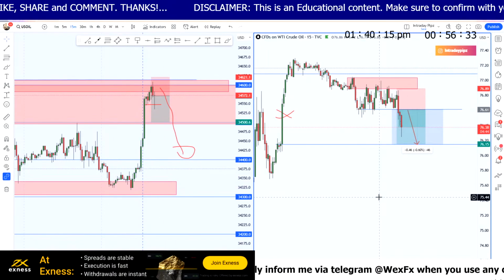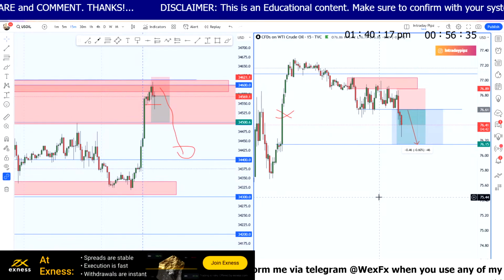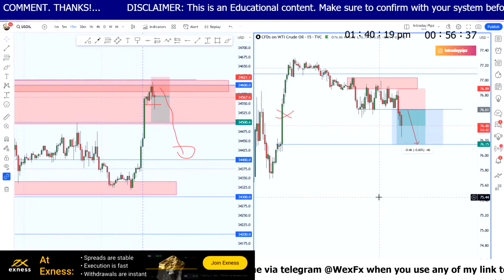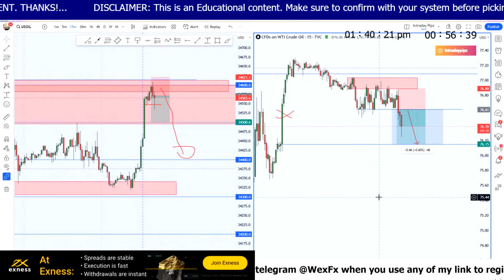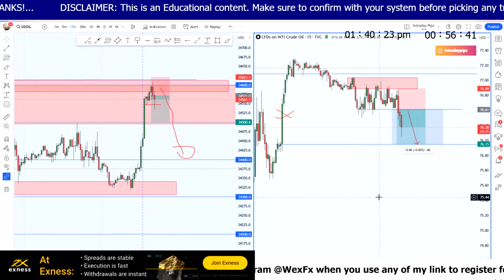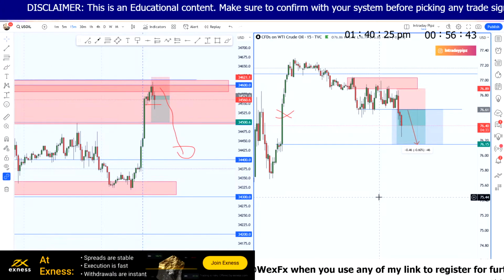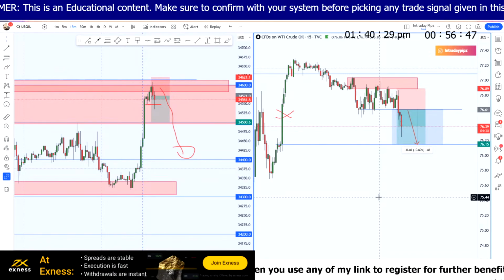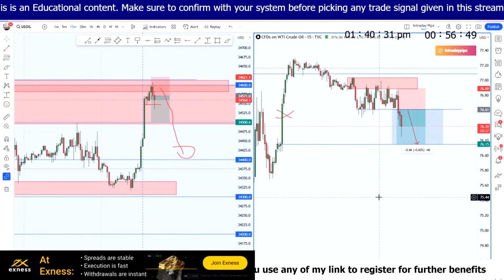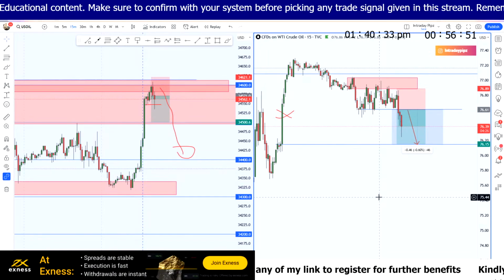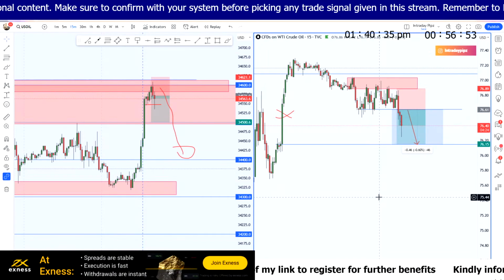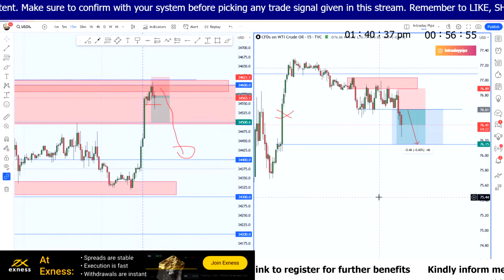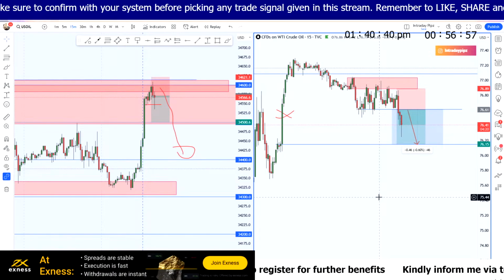But for US30, we're still waiting. We're waiting for it to hit at least 40 pips before we secure. So let's still see what is going to happen on US30. Let me know if you're in the trade. If you took the trade, let me know that you took the trade.